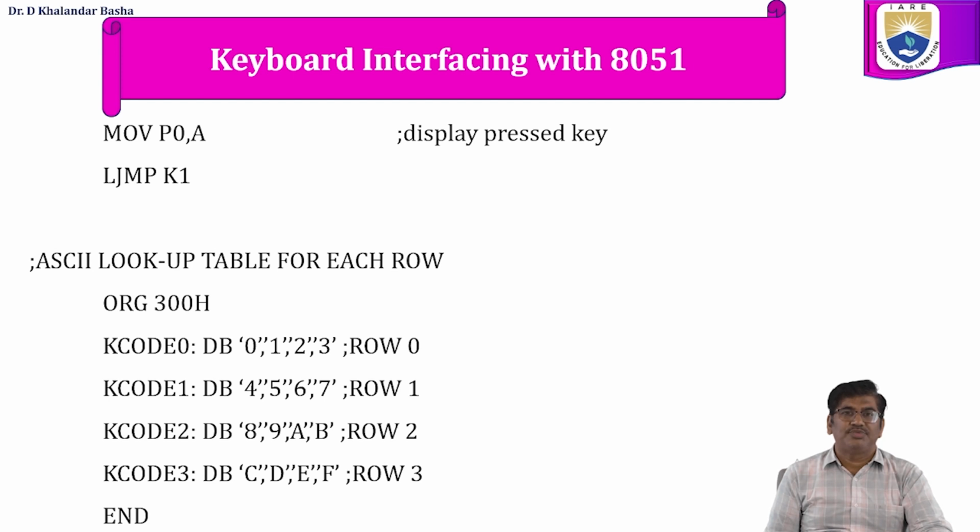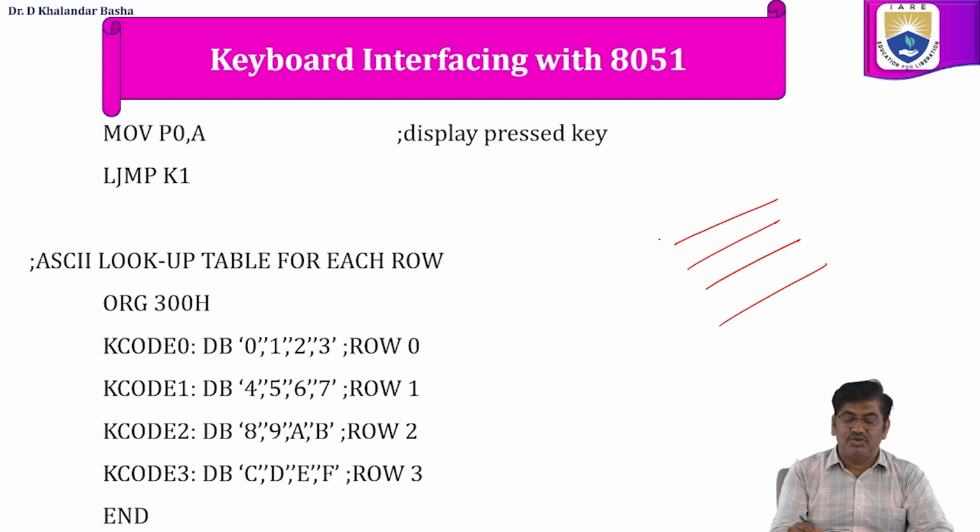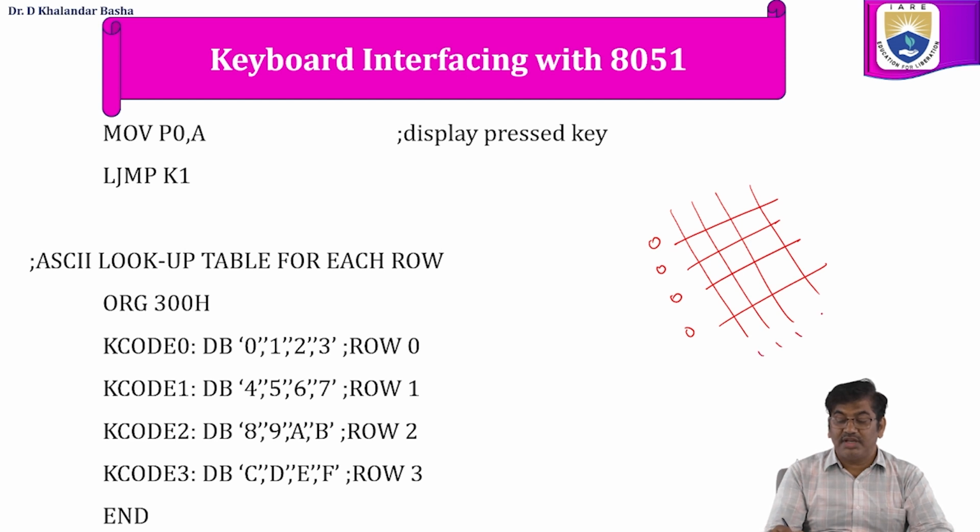So the program steps are: first we make all the rows zeros. Then we read all the columns. If the columns are 1111, it indicates no key was pressed. If any one of the column values is 0, then one of the keys corresponding to this particular column is pressed.